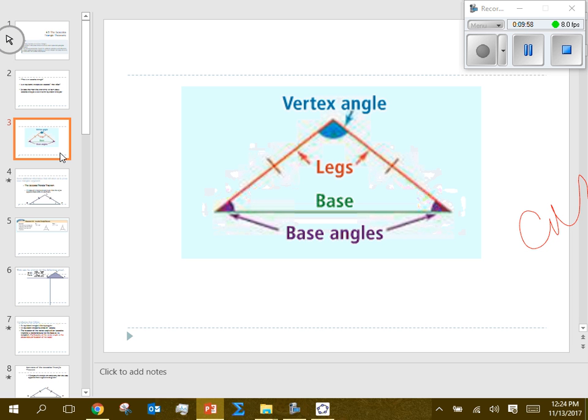And then the third side, the incongruent side, is referred to as the base. And then the angles that are created with the base and one of the red segments is referred to as a base angle. Okay. So we use that terminology. We say that terminology quite a bit.